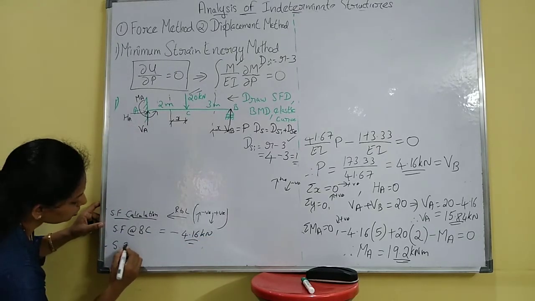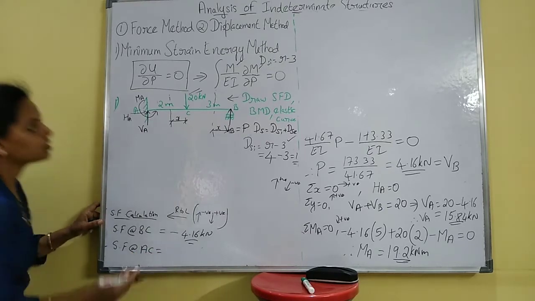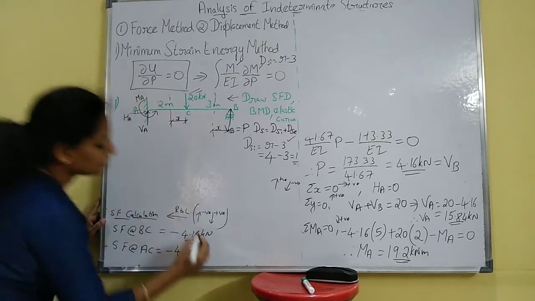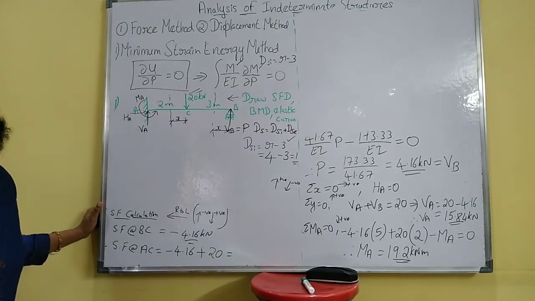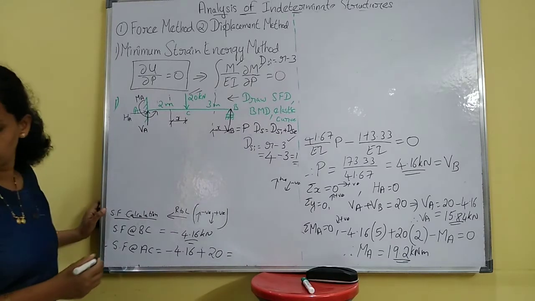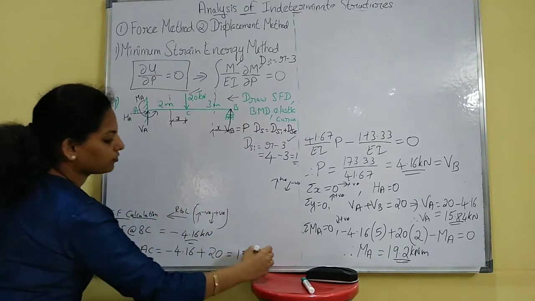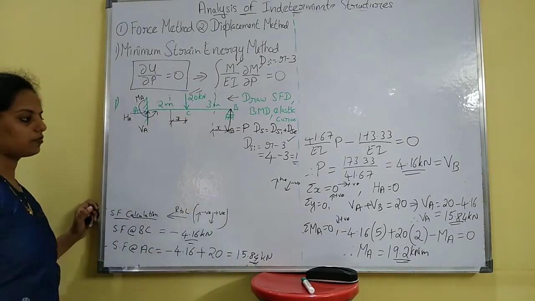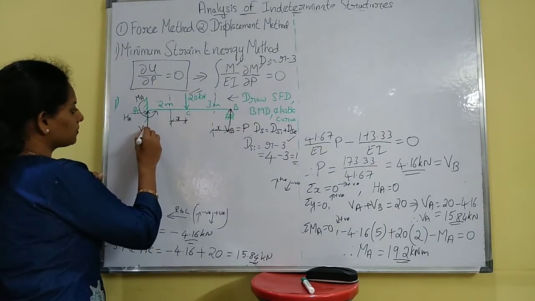Then shear force at AC you have, so this minus 4.16 and here it is plus 20, which is equal to 15.84 kilonewton. So your check is correct. If you consider from this side, it is the same, that is directly VA, so 15.84 kilonewton. Okay, just mark it.